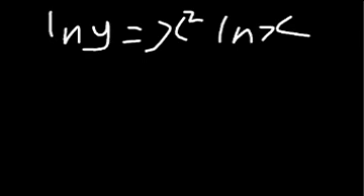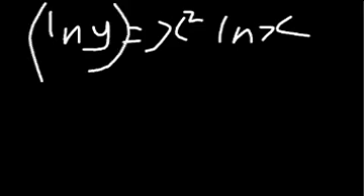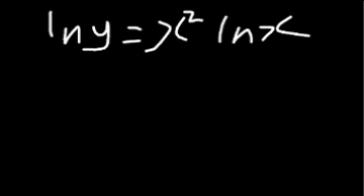Now you have to find the derivative of the left hand side of the equation, ln y, and the derivative of the right hand side. So the derivative of ln y is 1 over y.